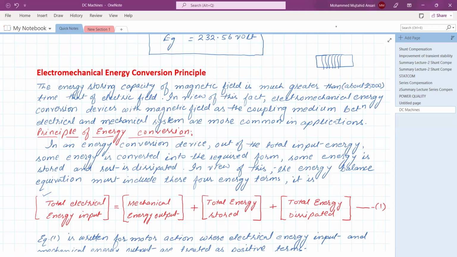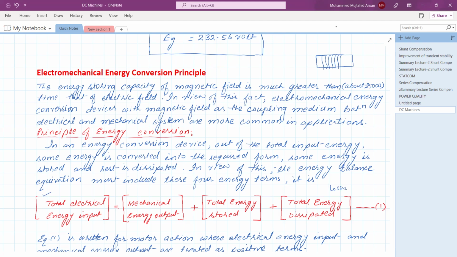But the conversion is not only from electrical to mechanical, some of the energy is stored in the magnetic field and rotating parts, whereas some of the energy is dissipated in the form of heat. This is due to the losses, losses in the electrical system and losses in the mechanical system.